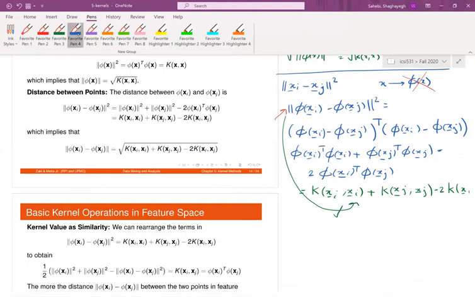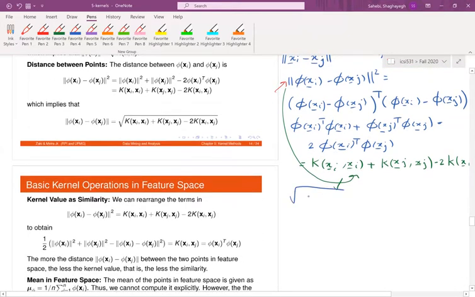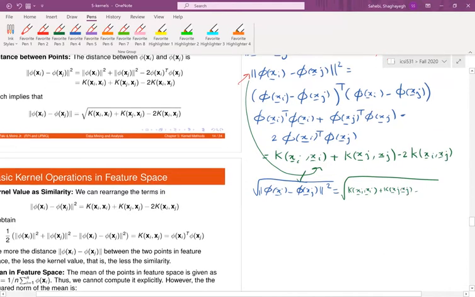Now that I have this, the actual distance is the square root of this, right? So the distance would be the square root of the norm of phi of xi minus phi of xj, which is equal to the square root of k(xi, xi) plus k(xj, xj) minus 2k(xi, xj).